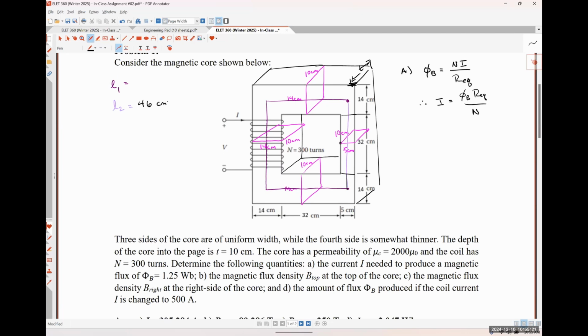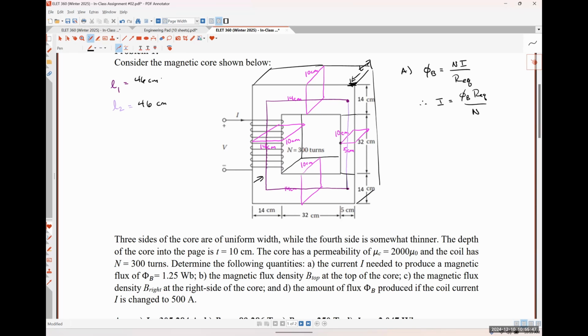L1 is going to be a little bit more difficult. So I think we can all agree that this portion of the left flux path is the same, right? Exact same length as what we had as L2. So I'm going to put 46 centimeters, and that's taking care of the vertical bit through that leftmost leg.